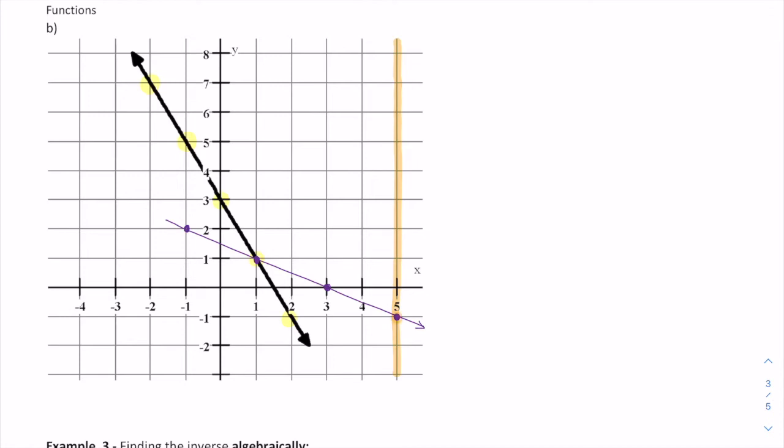And as it sweeps across the picture at any given point, it will only be hitting my graph once. So what we can determine is that it is a function, and we always need to write our y. So it's because it passes the vertical line test.